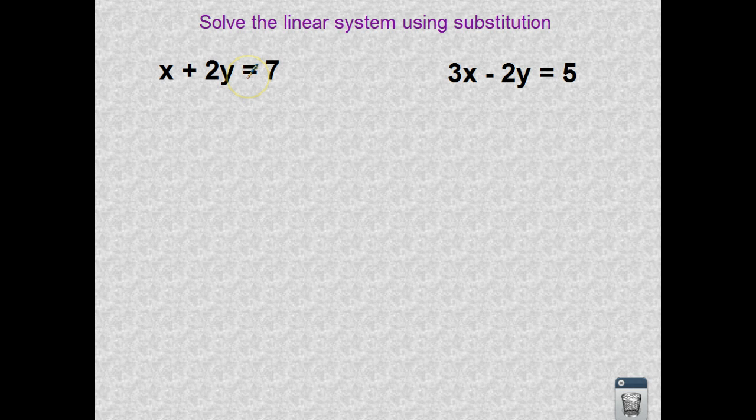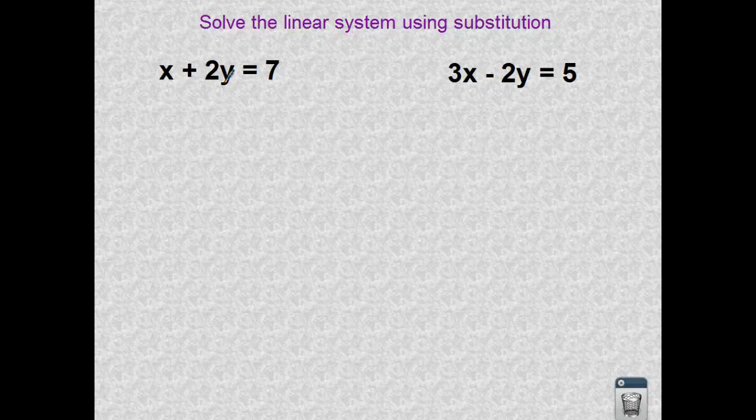Having our two equations, equation 1 and equation 2, and our two unknowns, x and y in both of them, we are going to solve for one of the variables in one of the equations. So it doesn't matter which equation you choose. I am going to choose the equation that is going to have me do the least amount of work to get one of the variables isolated.